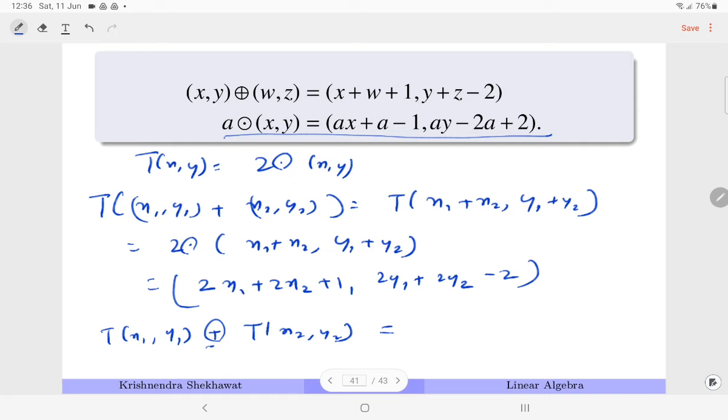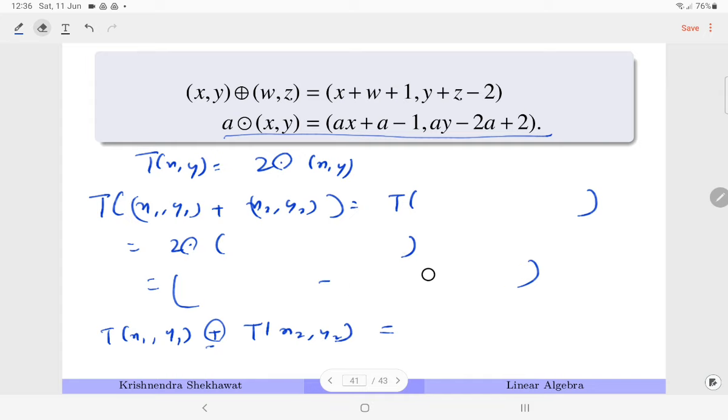Yes, I made a mistake, because here this plus is not defined as the usual one. I have to follow the information which is given.